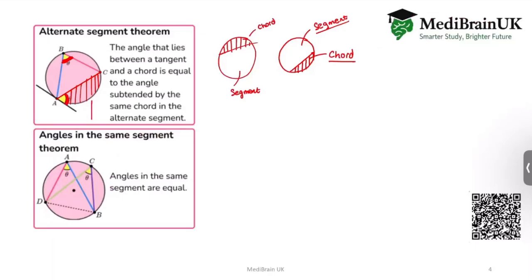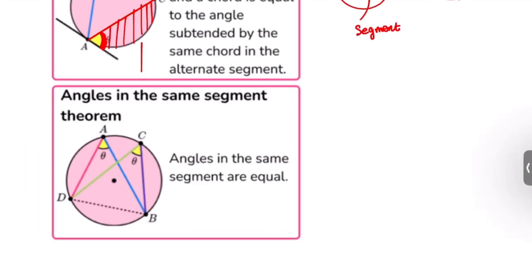Okay, and then we have another example over here. It says angles in the same segment theorem. That's the rule of this. What this is saying is the angles in the same segment are equal.